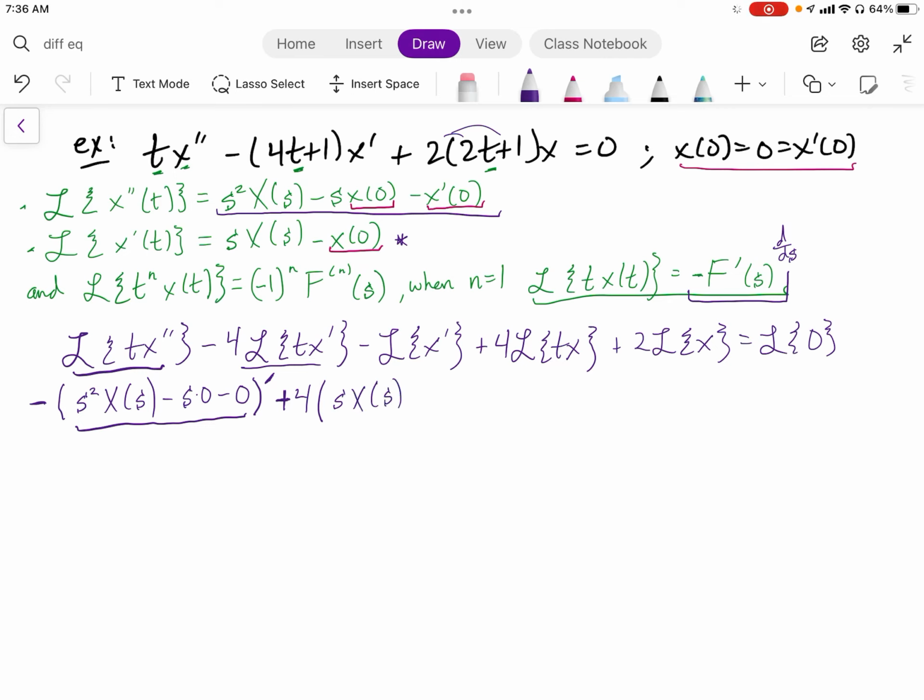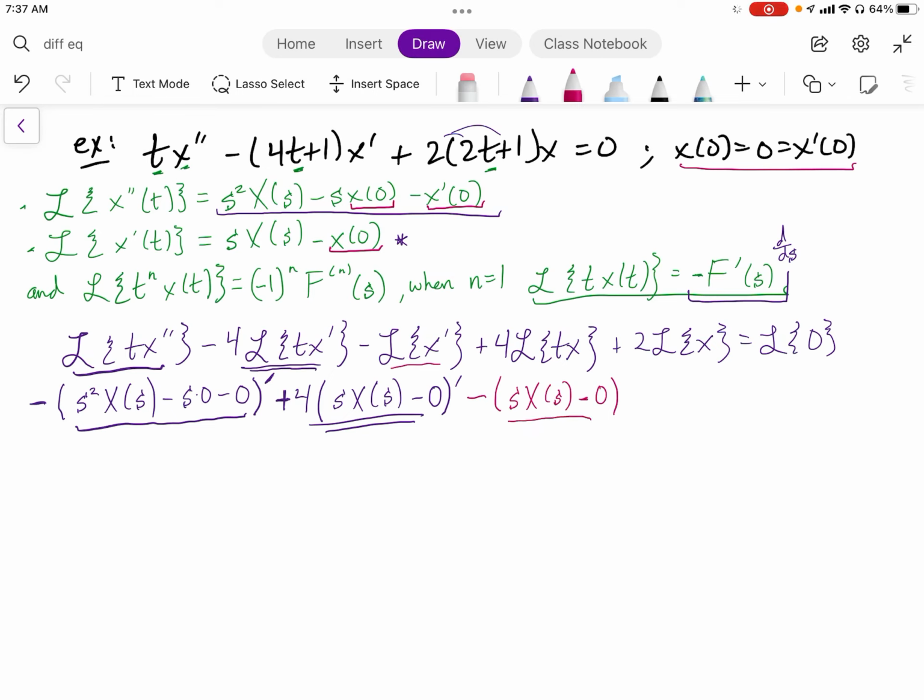So again, we know that that term is 0, so minus 0. Derivative, right? It had a t. All right, we'll do 2 lines. So that is this piece here. Pick a new color. Next we'll do minus Laplace x prime. So minus Laplace x prime we have written s x of s minus x of 0. Again, that is 0.